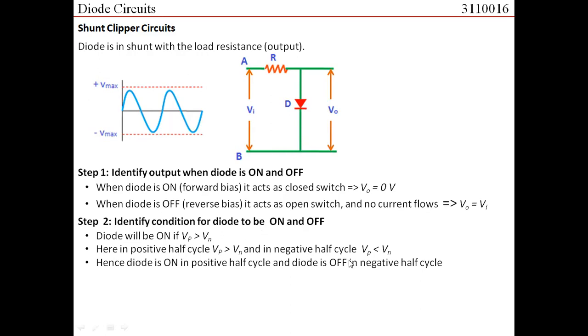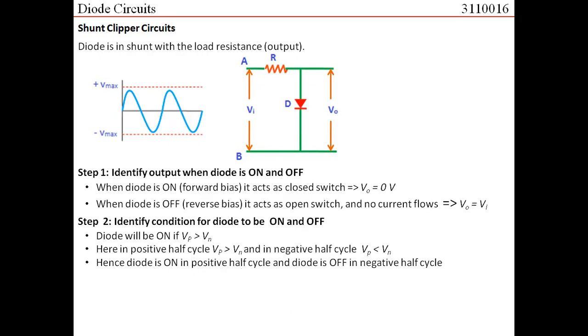So, in the positive half cycle, diode would be on, and in the negative half cycle where A would be negative and B would be positive, your N terminal would have higher voltages, P terminal would have less voltages, and hence the diode would be off. So the diode would be on in positive half cycle and the diode would be off in negative half cycle.